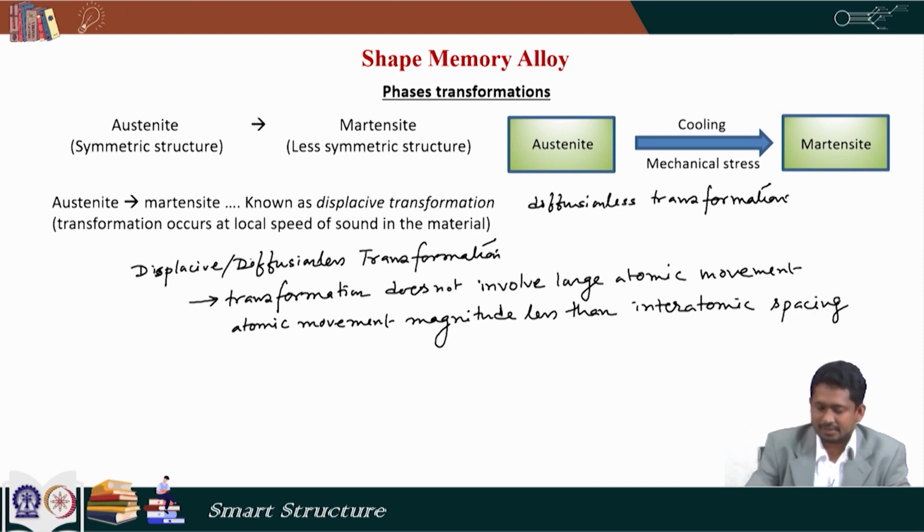That is why it is a displacive transformation. So, it occurs at the local speed of sound in the material. However, there is a problem, as we said, that for this to happen, heat actuation is needed, and these materials have high heat capacity. So, to raise the temperature takes time, and that is what puts a constraint on the speed of this transformation.